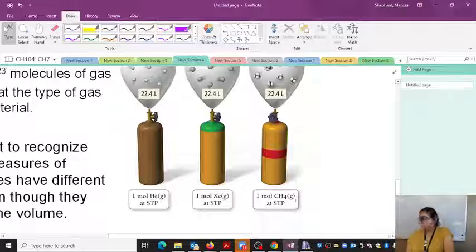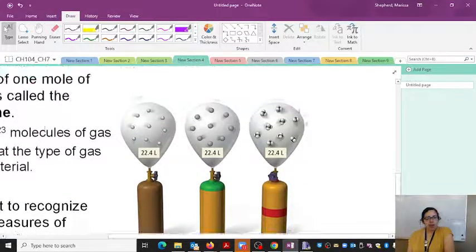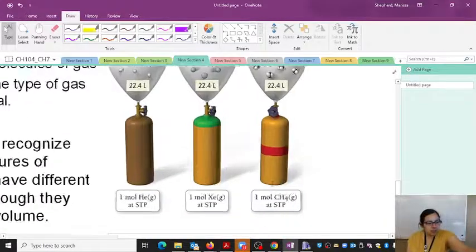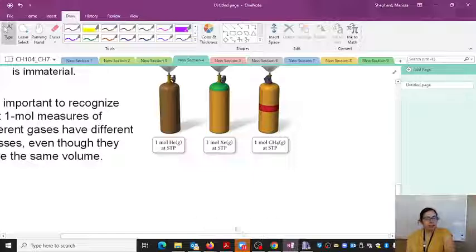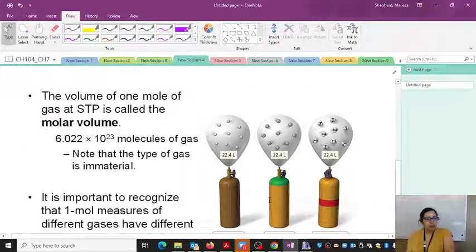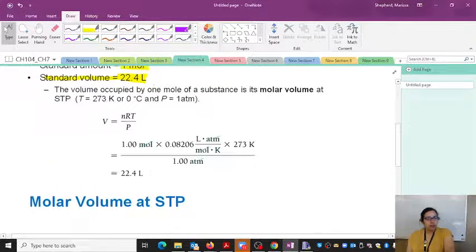Compared to methane, a covalent compound, same thing, 22.4 liters. So don't forget that. The standard volume is the 22.4 liters.